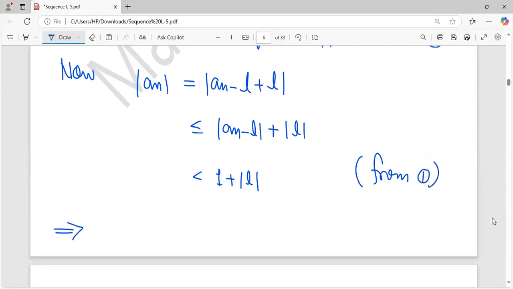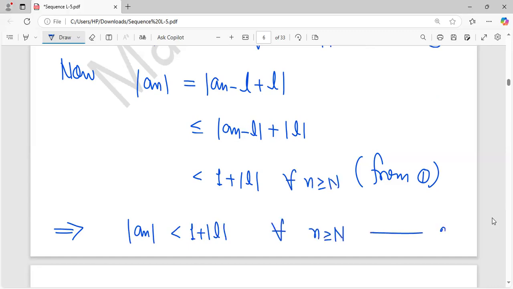So this implies |an| is less than 1 plus |L| for all n greater than capital N.